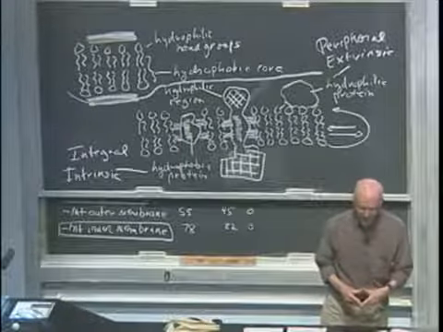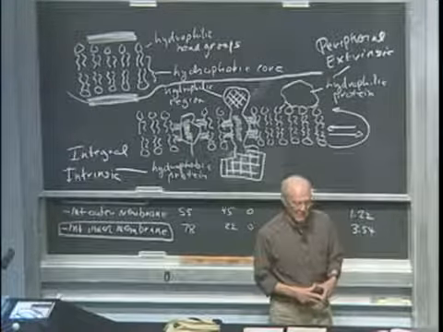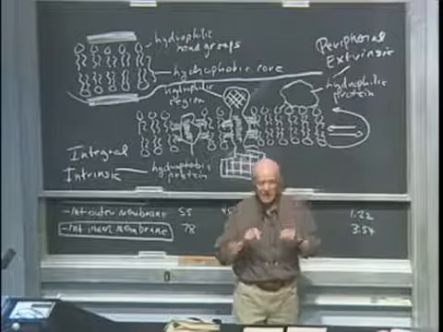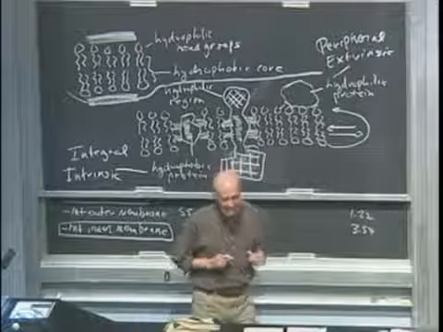The most significant breakthrough in membrane biochemistry came in the mid-1980s when two German scientists isolated a membrane protein and did something that had never been done before. They crystallized this protein.